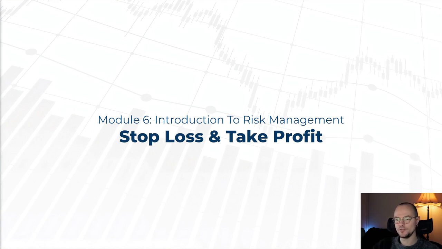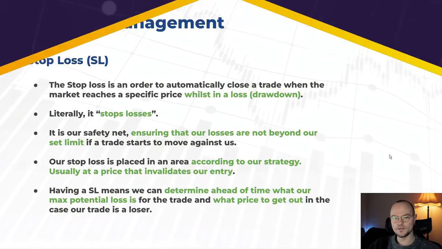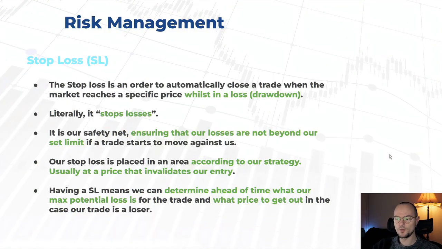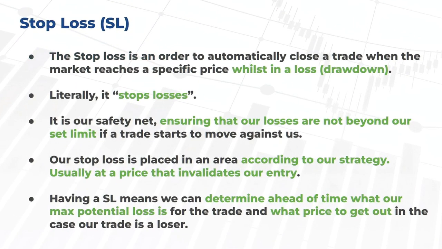Now, these are 2 different order types that help us limit our losses and lock in our profits during a trade. So let's go ahead and start off by talking about stop loss. So the stop loss is an order to automatically close a trade when the market reaches a specific price whilst in a loss, whilst in drawdown.